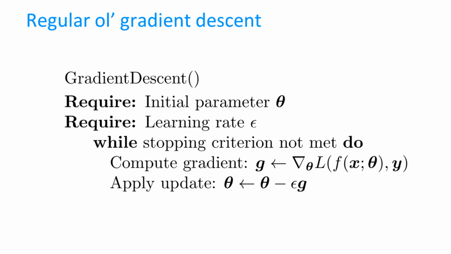Okay, so gradient descent, this is our update rule. We compute the gradient of the loss with respect to our network parameters, and we apply a gradient update to our weights by letting our new weights equal our old weights minus our learning rate times our gradient.